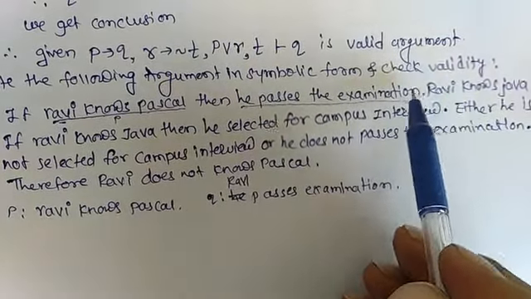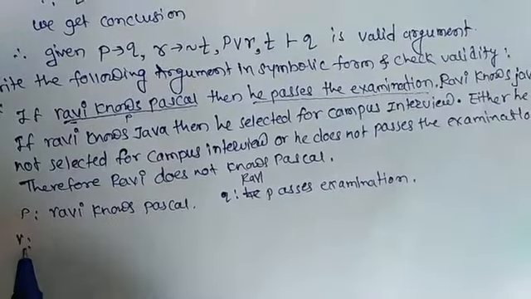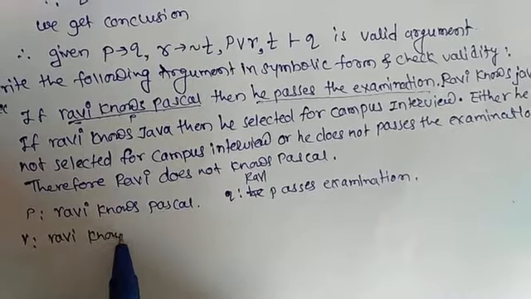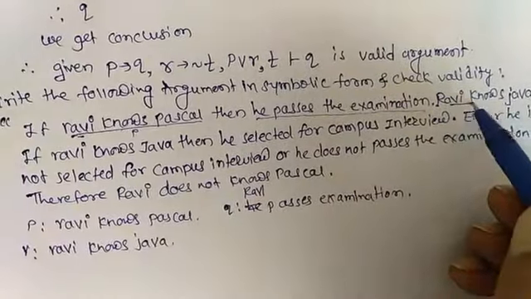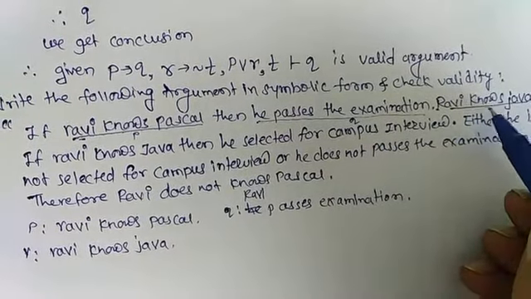Next, it was given Ravi knows Java, which is a new statement, denoted by R.